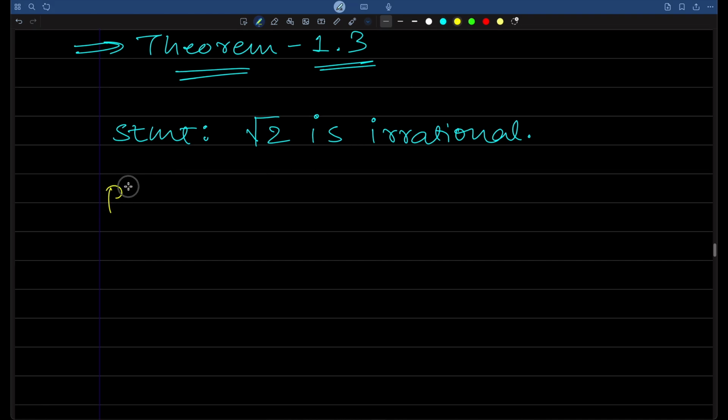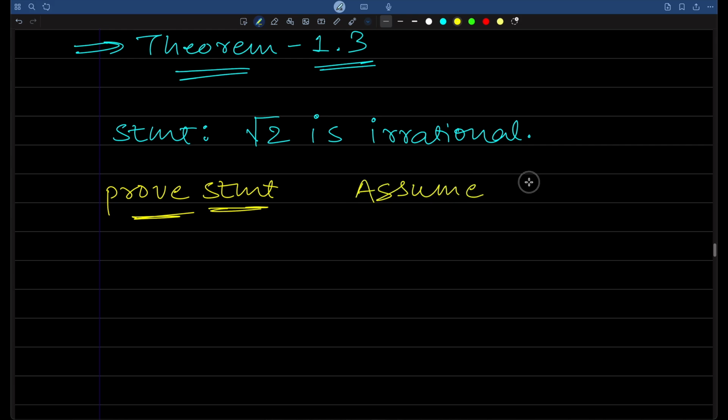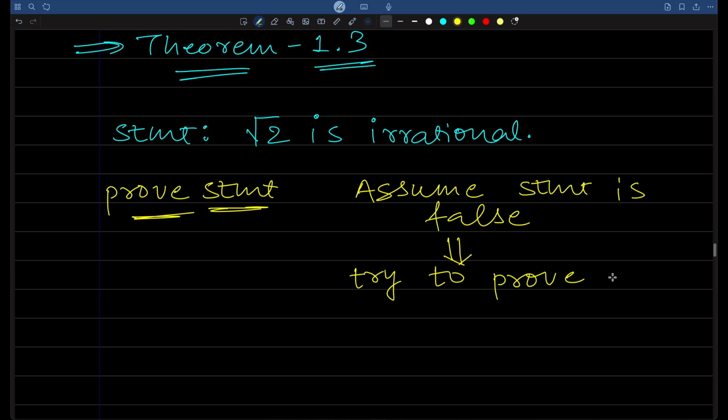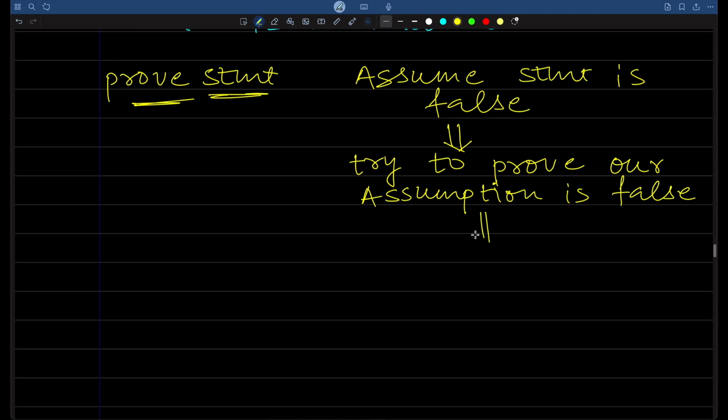To prove the statement, we will use the concept of proof by contradiction: assume the statement is false, then try to prove that our assumption is false, and hence the statement is true.